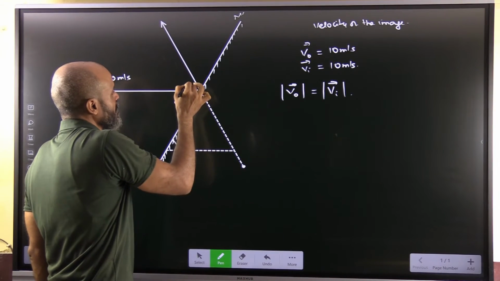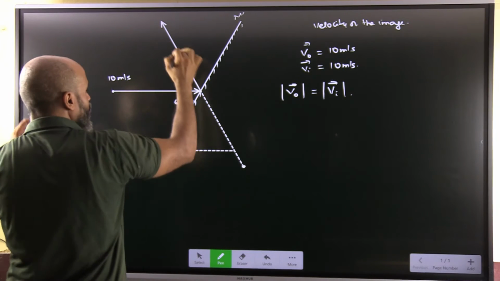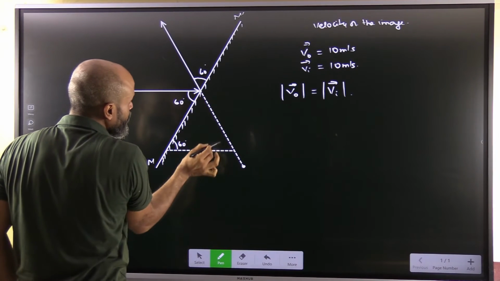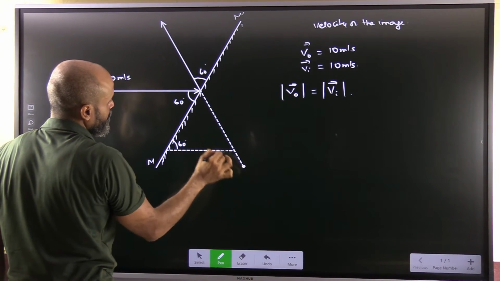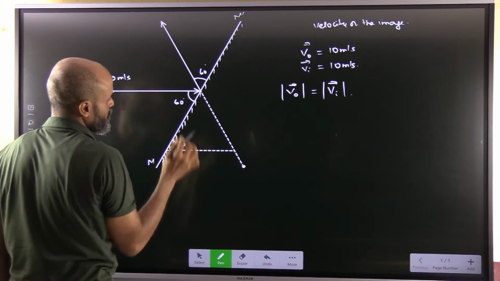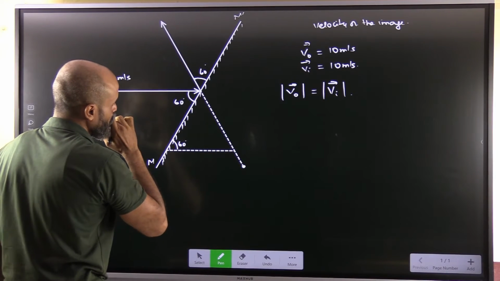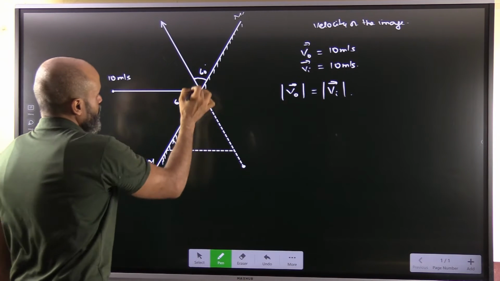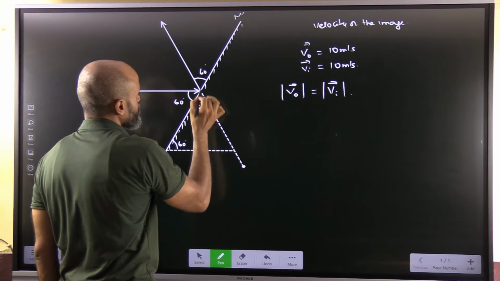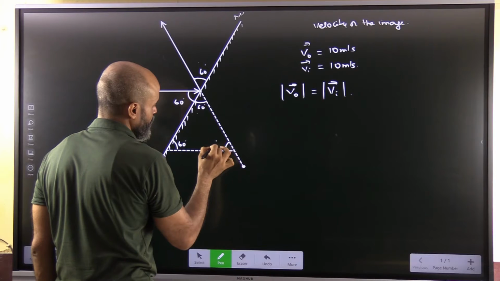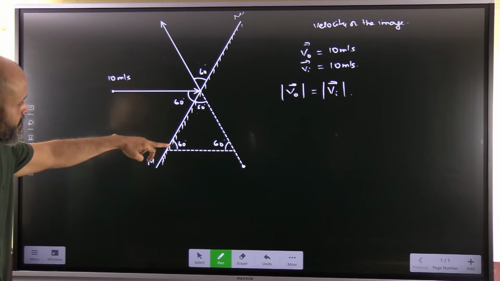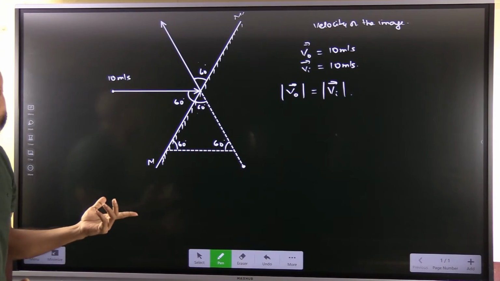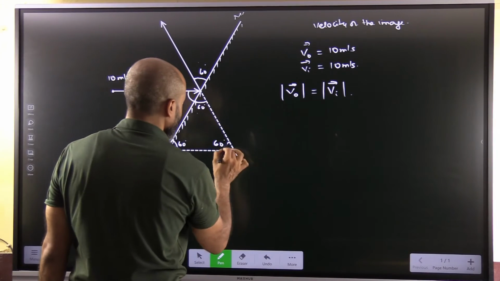If this is 60, obviously this will be 60. By vertically opposite angles, this will be 60. This is vertically opposite angles, so obviously this angle will also be 60. Are we clear on this one? 60, 60, vertically opposite angles, so this will be 60, and hence the remaining angle of the triangle will also be 60.